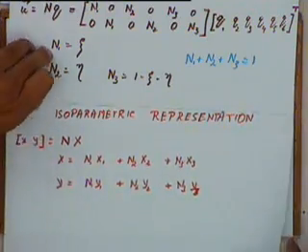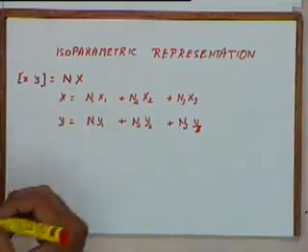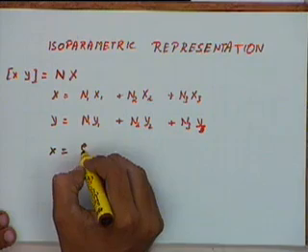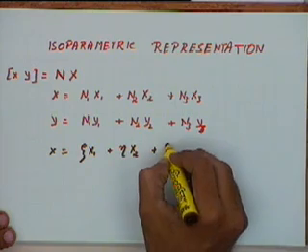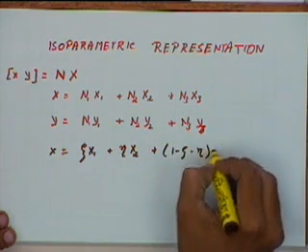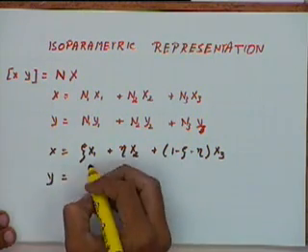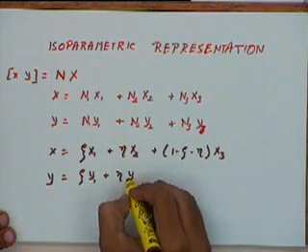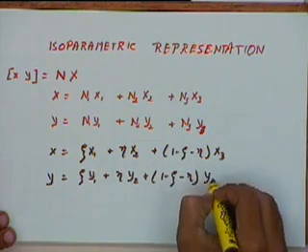And if you put these values, n1 is zeta, n2 is eta, and so on, I can simplify this further. We will get x equal to zeta times x1 plus eta times x2 plus 1 minus zeta minus eta times x3, and y equal to zeta times y1 plus eta times y2 plus 1 minus zeta minus eta times y3.